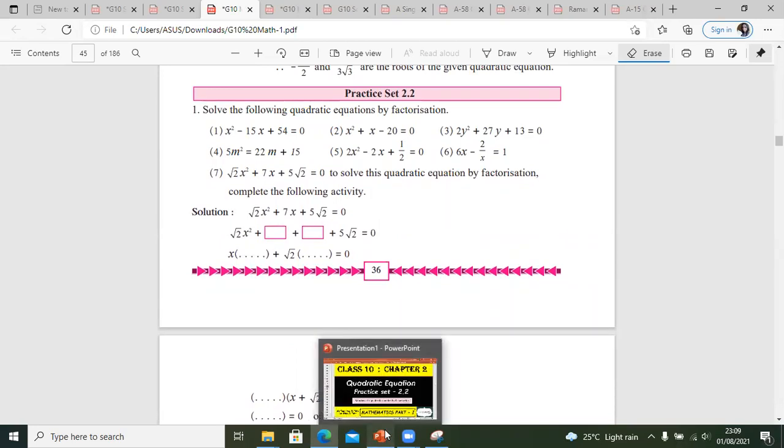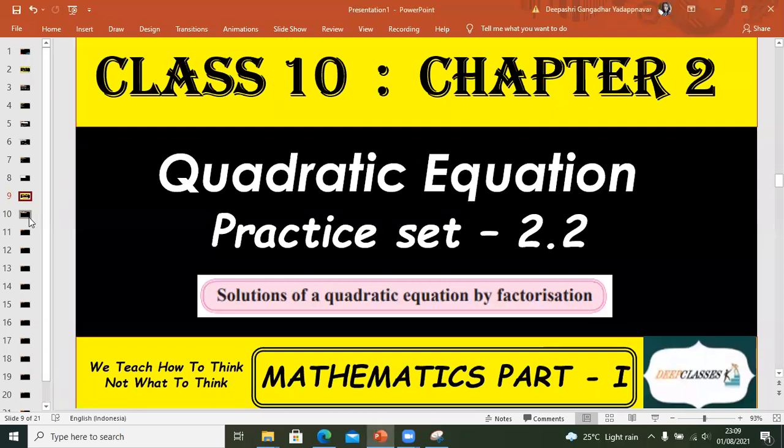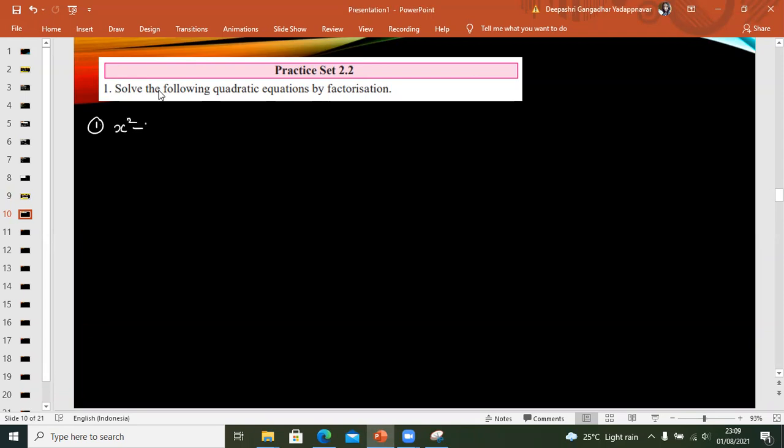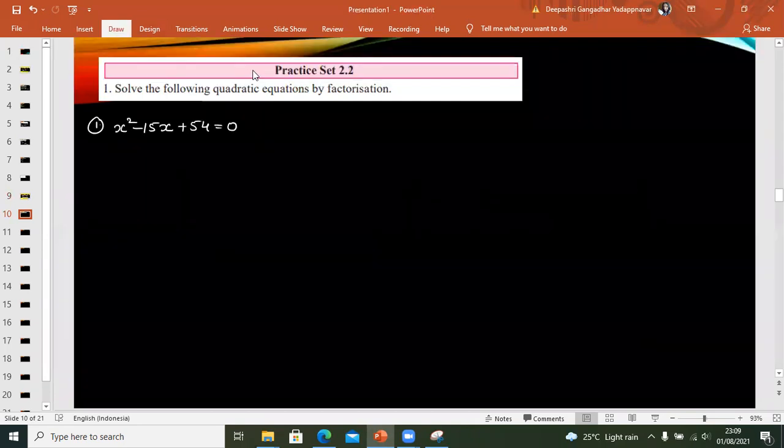x square minus 15x plus 54. So the first equation is x square minus 15x plus 54 equals 0.